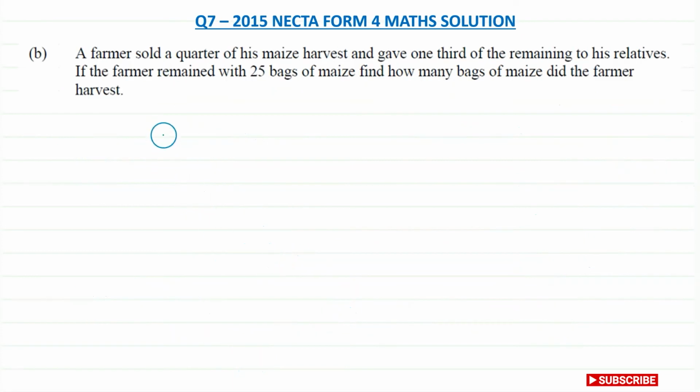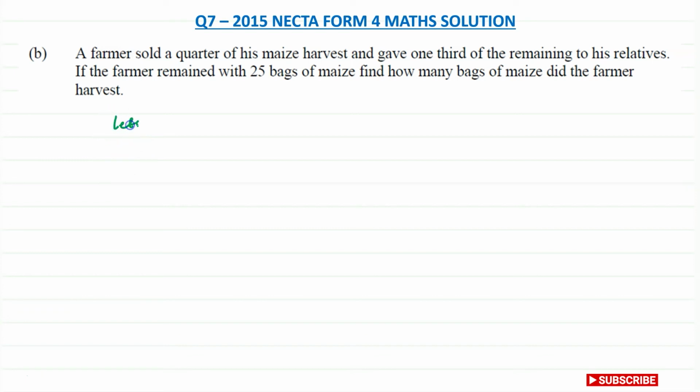We are told a farmer sold a quarter of his maize harvest and gave 1/3 of the remaining to his relatives. If the farmer remained with 25 bags of maize, find how many bags of maize the farmer harvested.